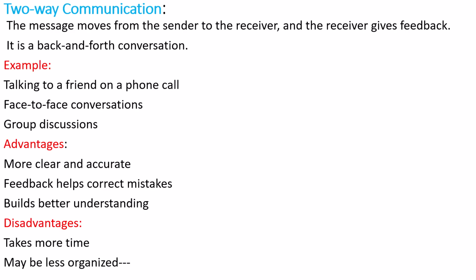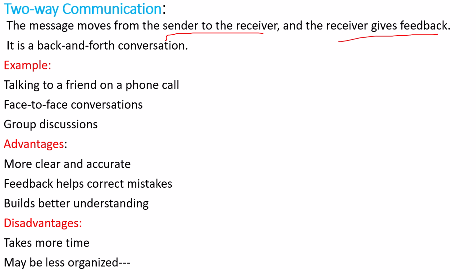Let's see what is two-way communication. This communication involves the mutual exchange of information between the sender and the receiver. Here, the receiver gives feedback. This is very important. This is a merit of two-way communication.